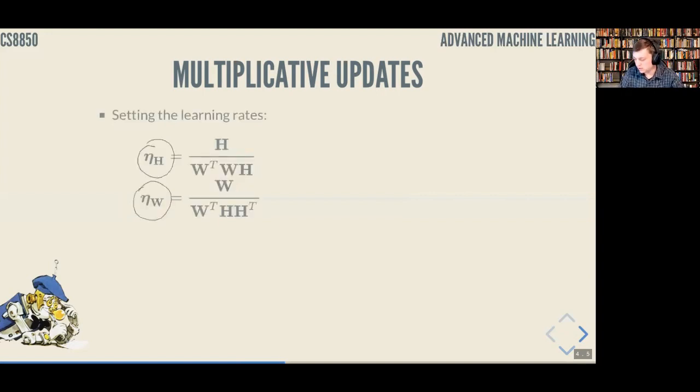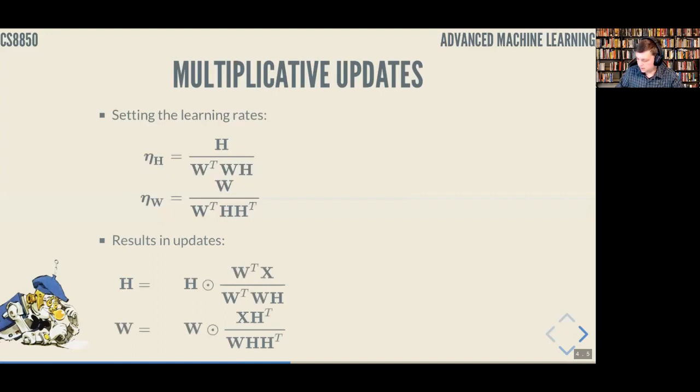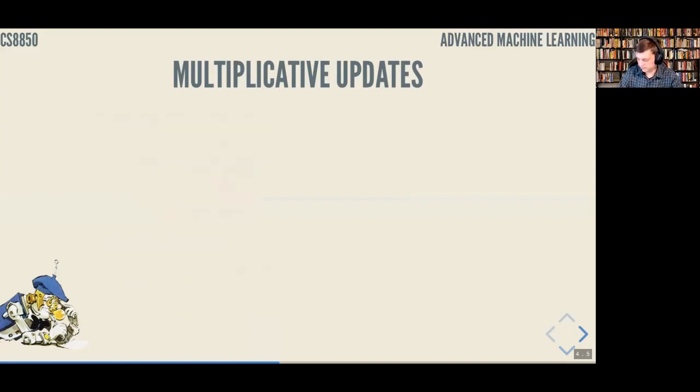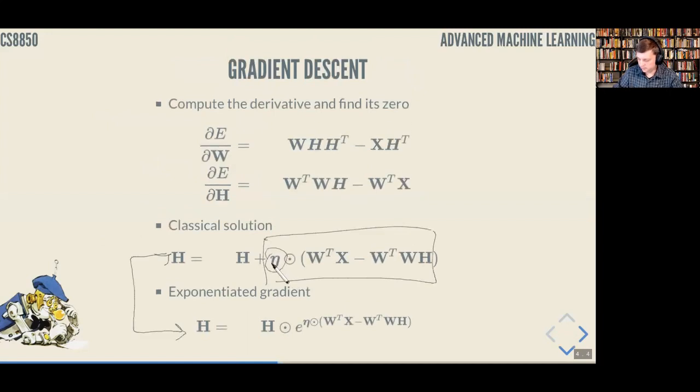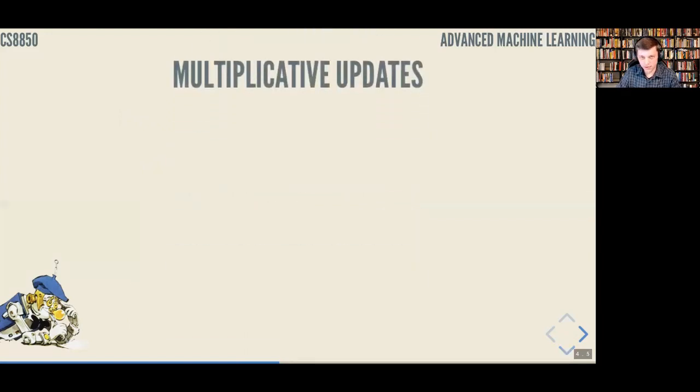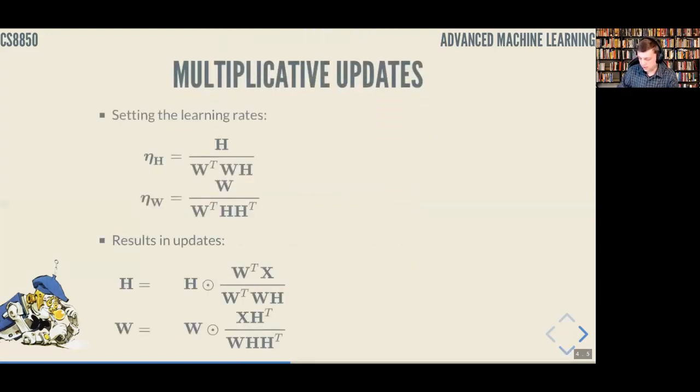We want to set our learning rate. If you take this learning rate and plug it into your normal gradient updates, for H separately and for W separately, you will get to this expression. Do this exercise.